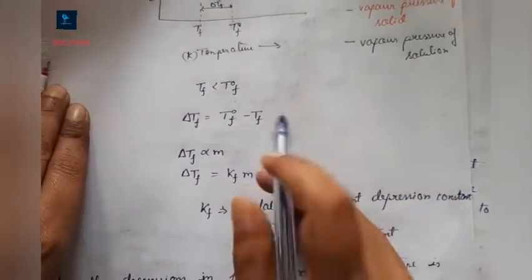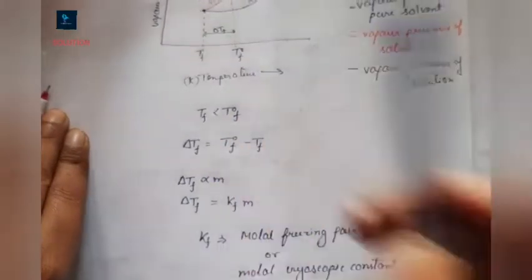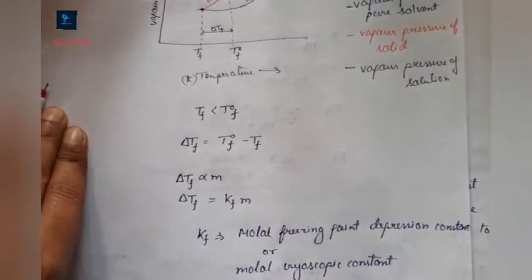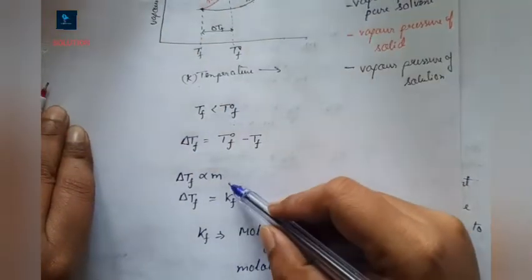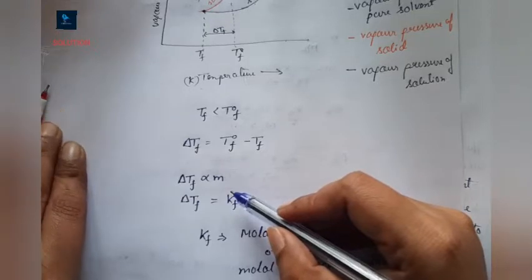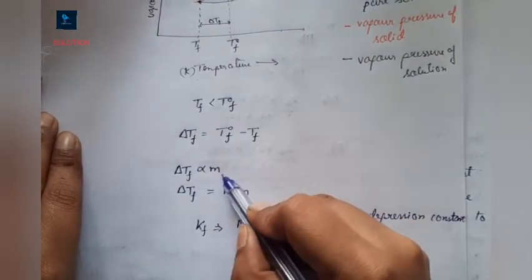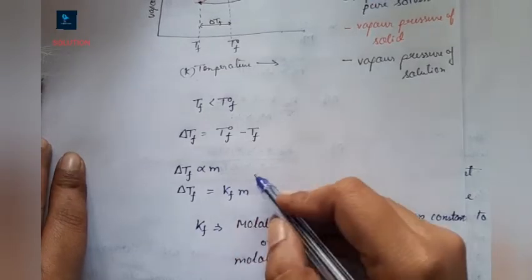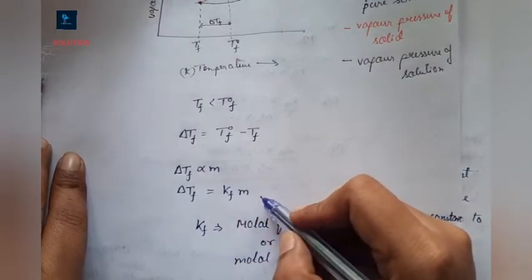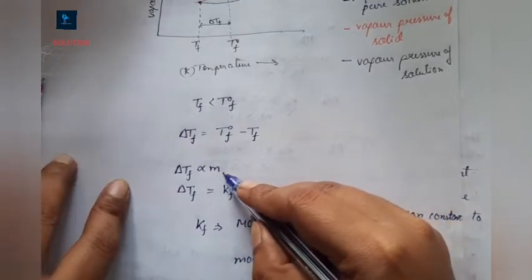This is the difference in temperature. Just as we talked about in the case of boiling point, we said delta TF is directly proportional to molality. In the same manner, this is also a colligative property which depends on the molality.